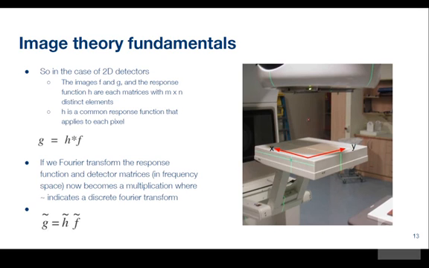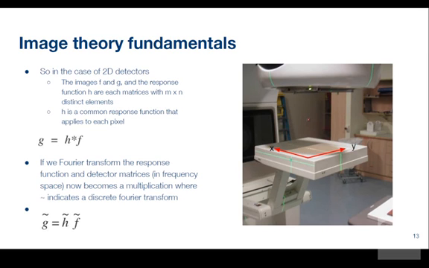pixel. One of the features of a convolution is that if we do a Fourier transform, then it just becomes a multiplication. This is the first time we've introduced Fourier transforms here, but we're going to learn that Fourier transforms are a very powerful tool and concept in image processing.